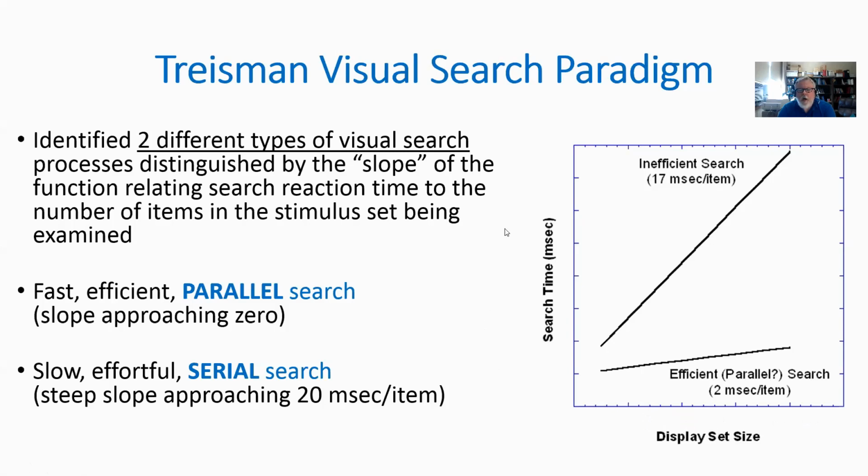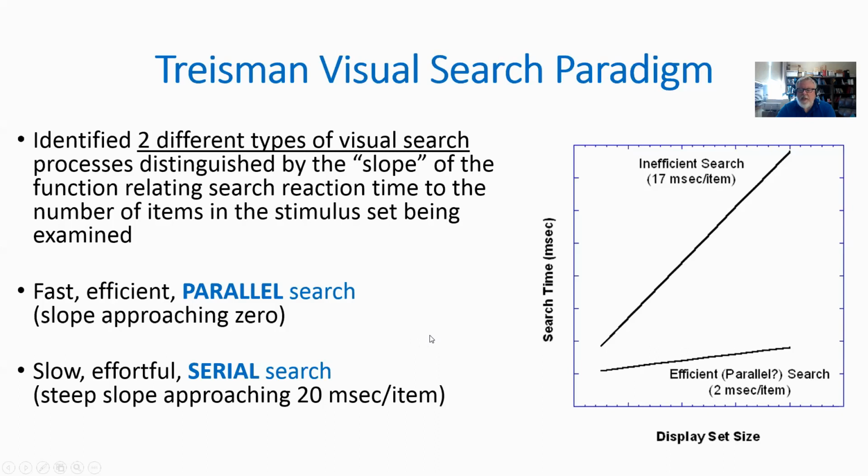And what we see on the y-axis is how long did it take you to find the target. And what we typically see in one type of search, a very special type of search that's called parallel search, is that no matter how many distractors we have, our search is pretty fast. And we don't really slow down very much as we go from 2 distractors to 10 distractors to 40 distractors. And that's called parallel search, and we'll consider that in more detail in just a moment.